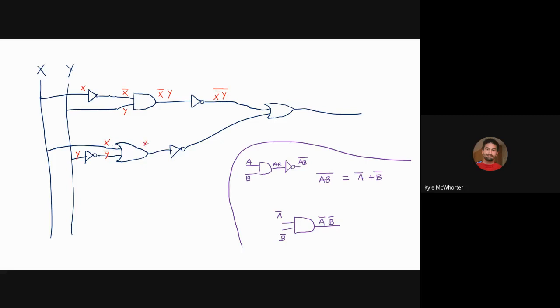So we have X or not Y. And now that chunk is going to go through this inverter, which means on the other side, we're going to have X or not Y with a negation over the whole thing. And then this final OR gate gives us not X and Y, or not X or not Y.